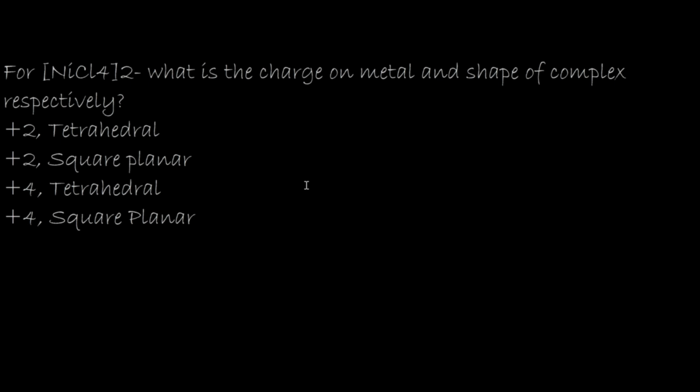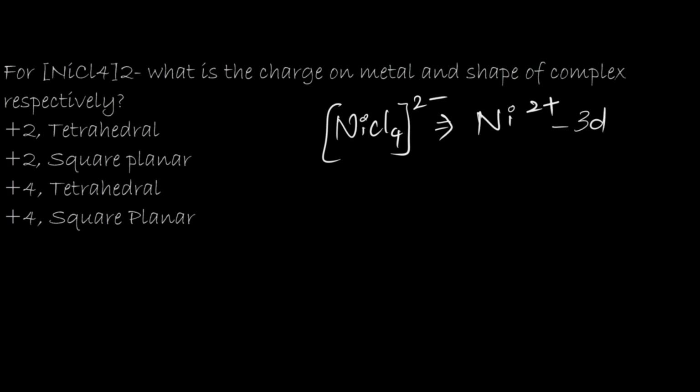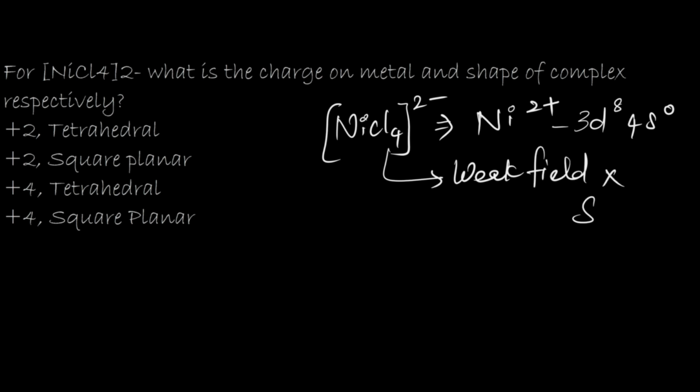For NiCl4 2-, what is the charge on the metal and the shape of the complex? This is a very straightforward, easy question, isn't it? The charge is obviously nickel 2+. For nickel 2+, what would be the electronic configuration? After argon, 3d8, 4s is 0. This is a weak field ligand, so it will not undergo pairing against Hund's rule.